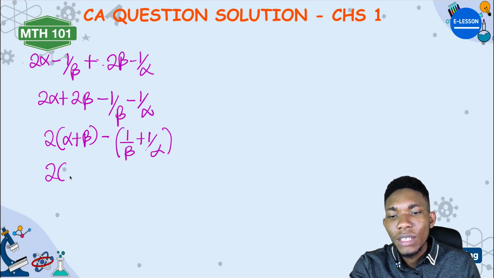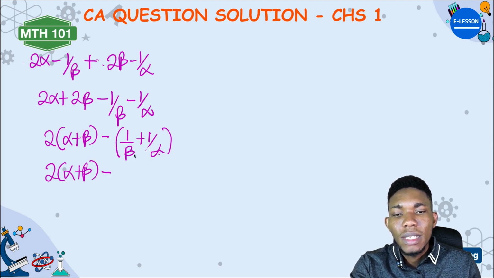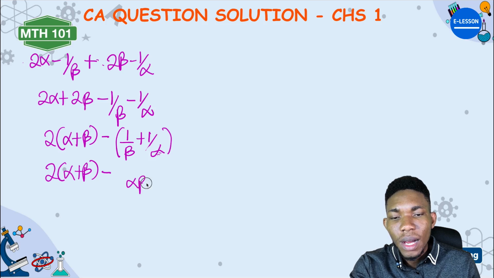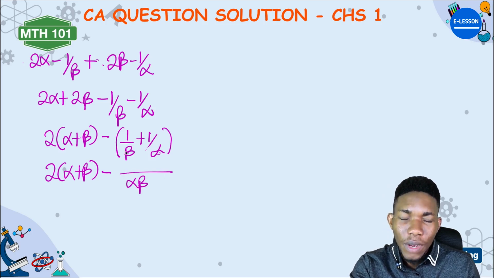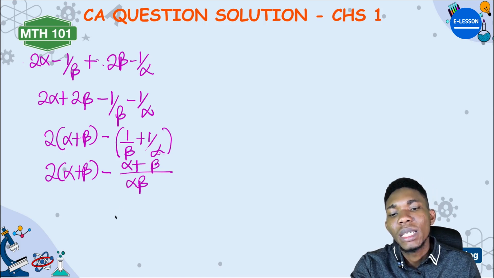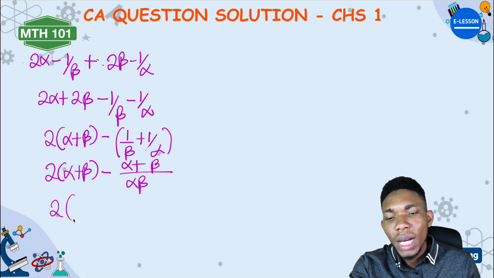So my dear student, when you get to this stage, what is the LCM of alpha and beta? Of course, it's alpha beta. Alpha beta divided by beta will give us what? Alpha, multiplied by 1. This will be alpha plus alpha beta divided by alpha will give us beta, multiplied by 1. That is beta. So what we have is 2 brackets what?